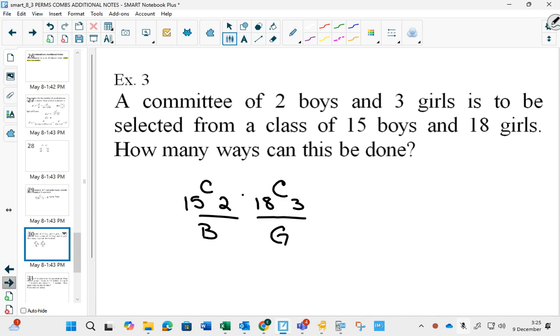For cases, and we're going to have cases with combinations as well, you have to count the whole thing for it to count, so you have to add. And right now, after the first space, 15 choose 2, do I have a full committee of 5 people? No, I've just got the boys part. So it's not a full committee, that's why it's multiplying in between. And of course, we could multiply this out and figure everything out.